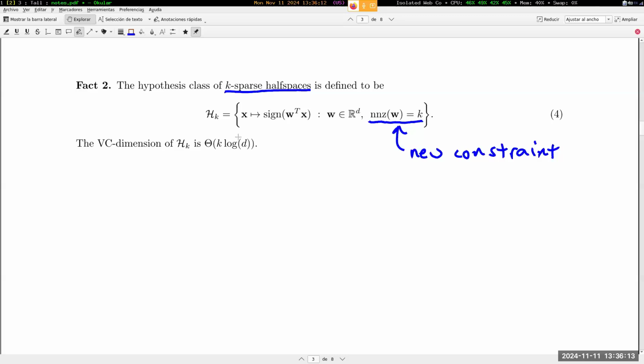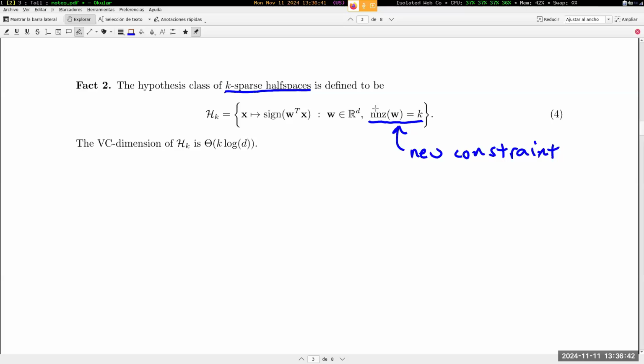This hypothesis class is not easy to visualize, because this new constraint really only matters in high dimensions. With this constraint, it's saying the number of non-zeros of our weight vector is equal to k.